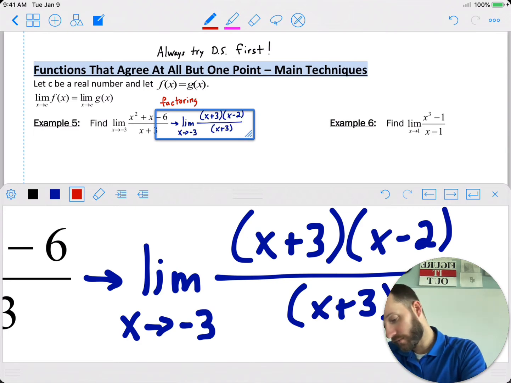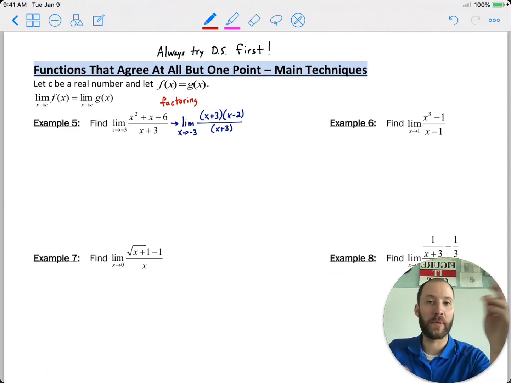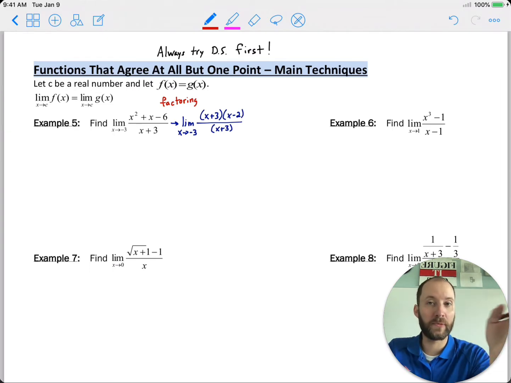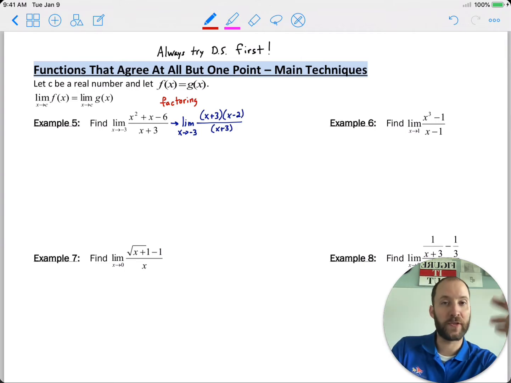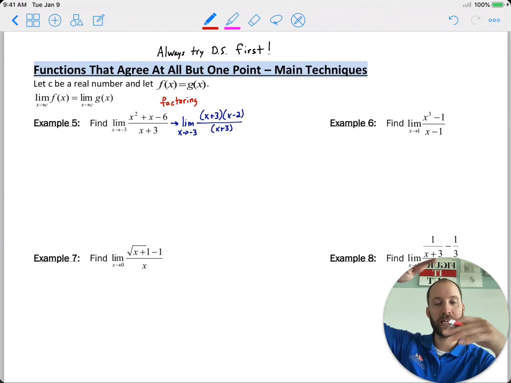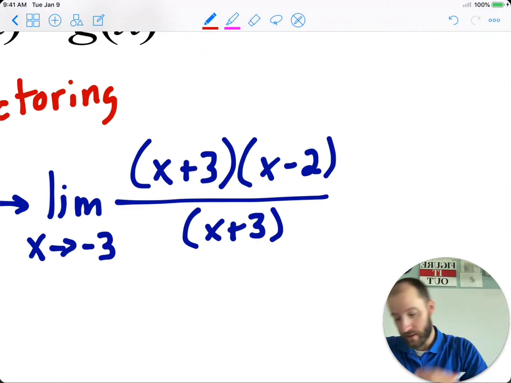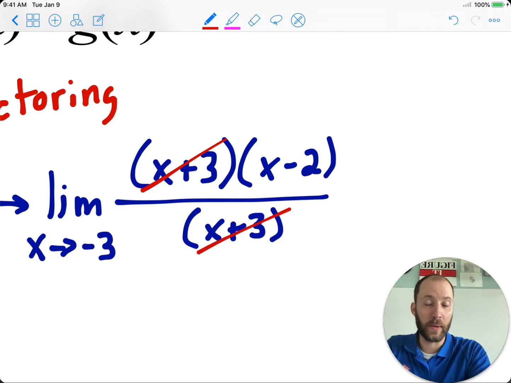Now we have a common factor in the top and bottom. Now, x plus 3 was a problem factor. Direct substitution would not let it work. Well, we have a common factor in the top and bottom, and the common factor is the problem factor. So we can, quite literally, cross out your problem.